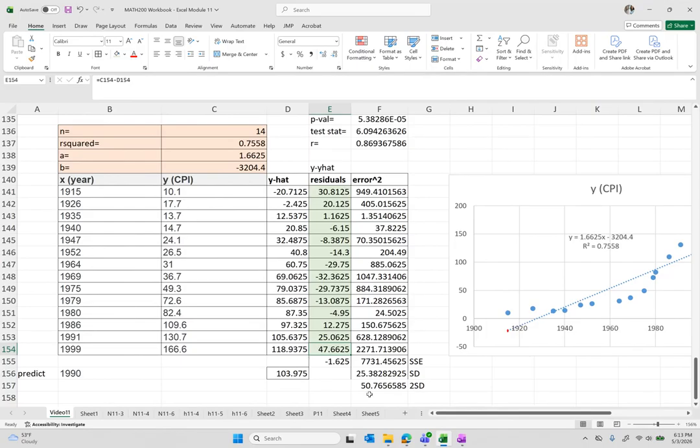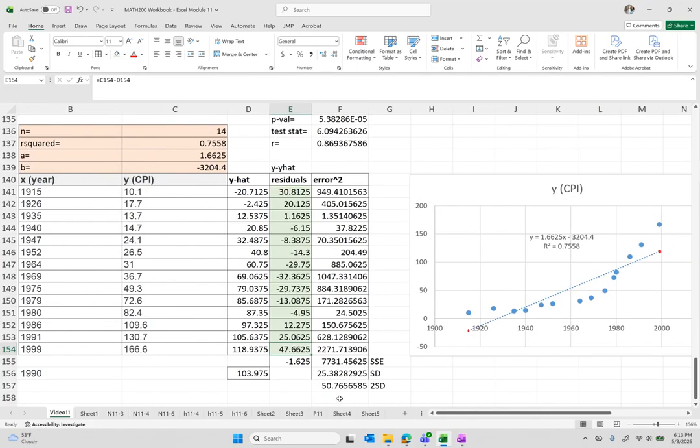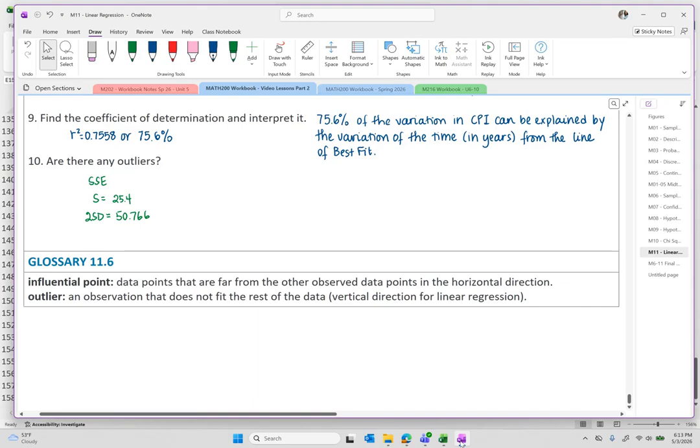It is close to 50.7, but not more than that. It is actually less than that. So that seems to be the point that is the farthest away, but it is not considered an outlier. So all the residuals are less than 2 standard deviations for all points. So I have no outliers.